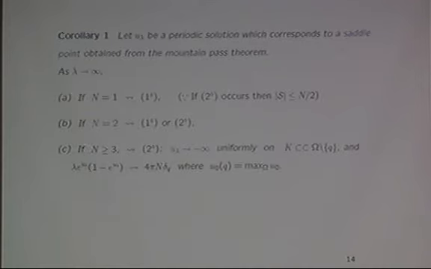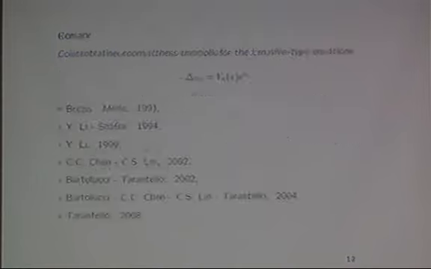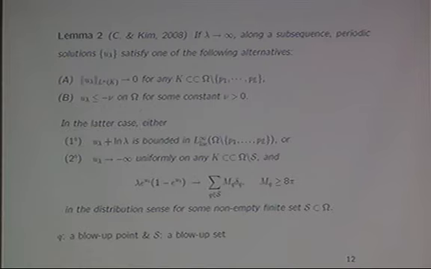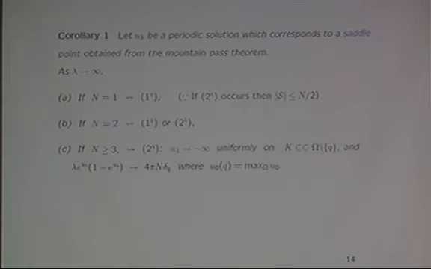But if n is greater than or equal to 3, then the second case does occur. So in this case, there exists one point such that u lambda tends to minus infinity uniformly on any compact subset, and the nonlinear term tends to 4 pi n times the Dirac mass at q. Here, q is a maximum point of the Green function.